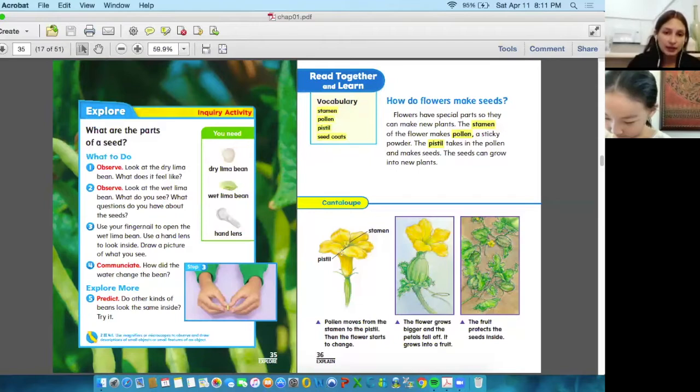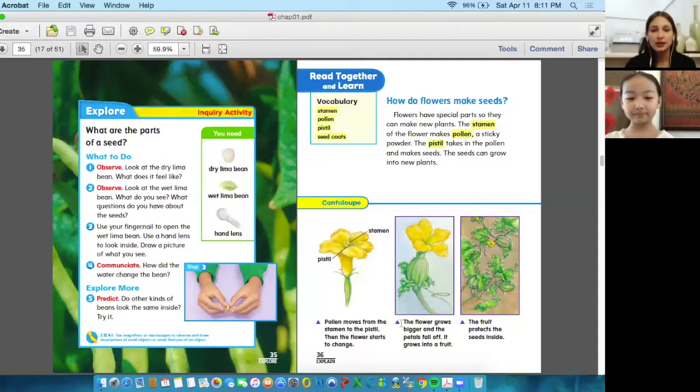Well, the pistil is this part right here. So it's the part under the stamen. The stamen are these little two things in the middle of the flower. Does it look like a little plant? It looks like a kind of straight little line going in the middle of the plant. Okay. All right.